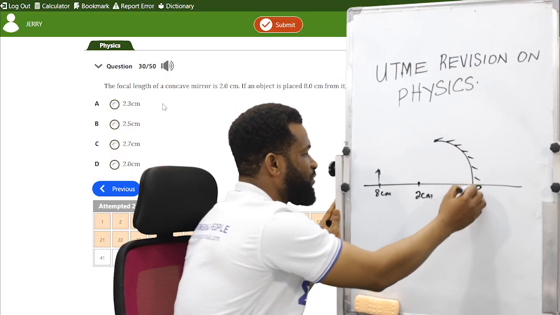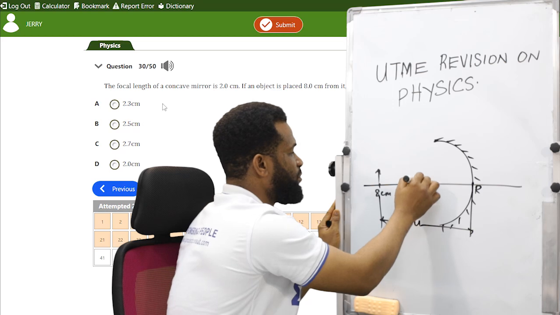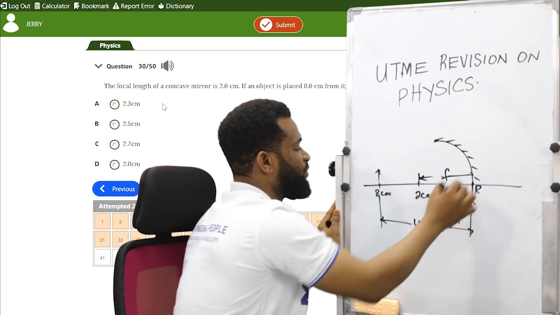The object distance from here to the mirror is U, and from here to here is F, the focal length.